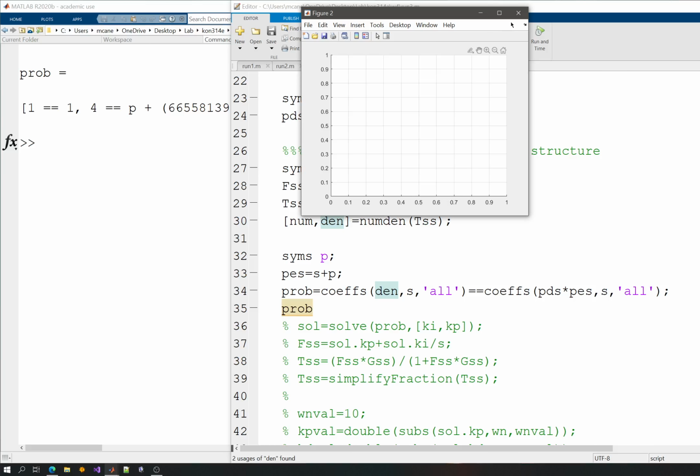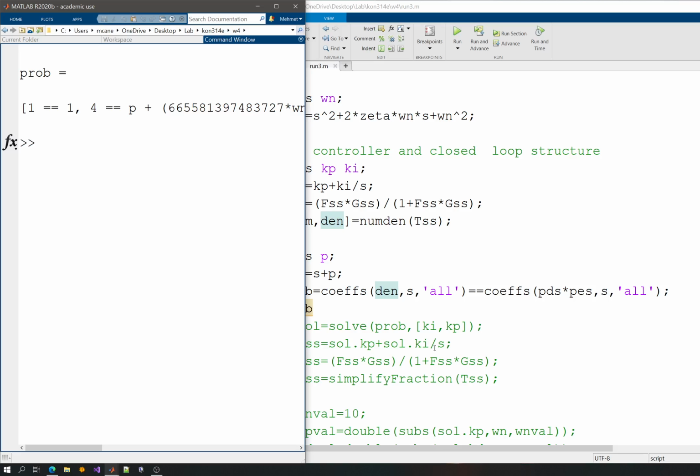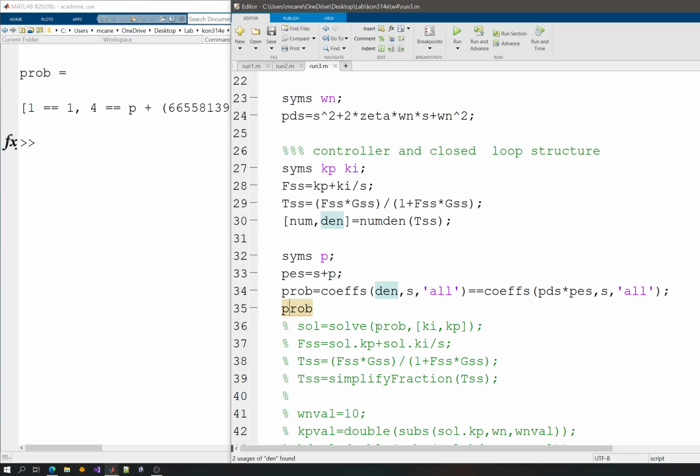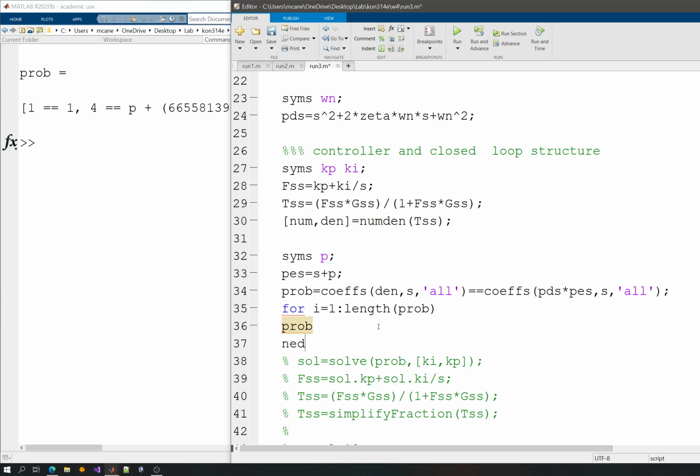Now, as you can see, I have a defined problem here, which doesn't look that appealing. I might want to go ahead and see what the problem is. Therefore, I need to use this here. I can use the problem length here, and I can just go ahead and display maybe VPA in order to have a nice numerical representation.